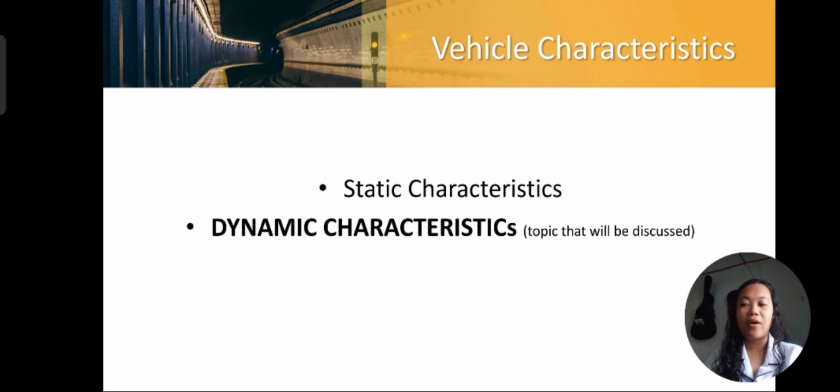In short, static talks only about the attributes of the vehicle itself, while the dynamic characteristics involve the forces acting on the vehicle in motion.